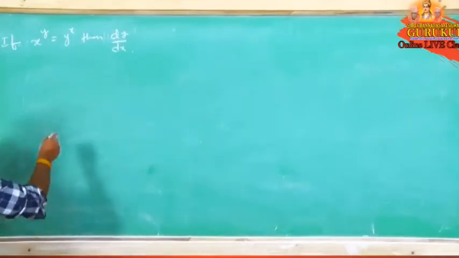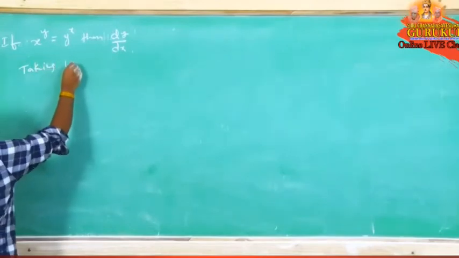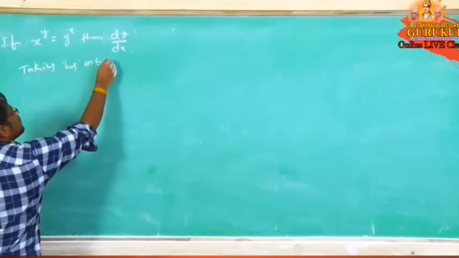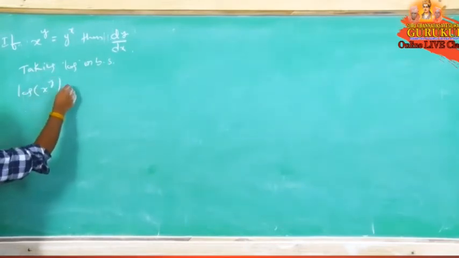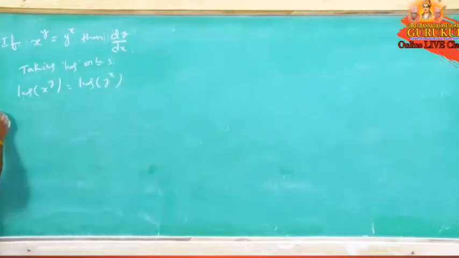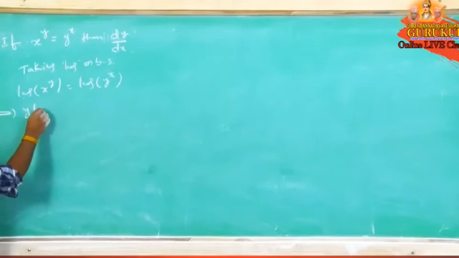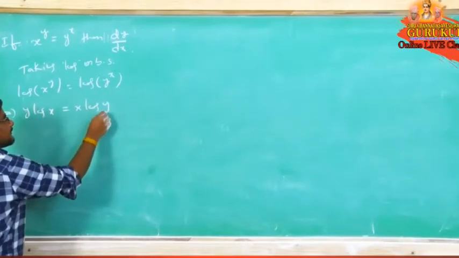For that what we have to do? For easily differentiation, taking log on both the sides. So log of x to the power of y equal to log of y to the power of x. That implies y log x equal to x log y.